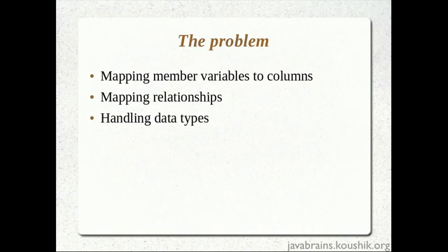It would probably be a char, so that I can save a y or a n, or it might even be an integer where I would say a 0 or a 1, or I could have different data types which have a representation of a true or a false, but they're not really a boolean. Now I will have to handle this data type conversion myself when I'm actually writing the code to save the data or to retrieve the data. So this manual handling again is a problem, because if you are making changes, you have to go to that piece of code and then make the change in the code itself.